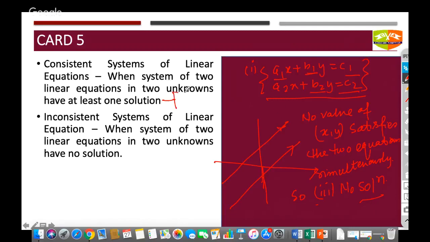So consistent means either one unique solution or infinite solutions. When a system of two linear equations in two variables has at least one solution, I'll have a consistent system. And an inconsistent system means we don't have any x and y value satisfying those equations. So we'll have no solution.